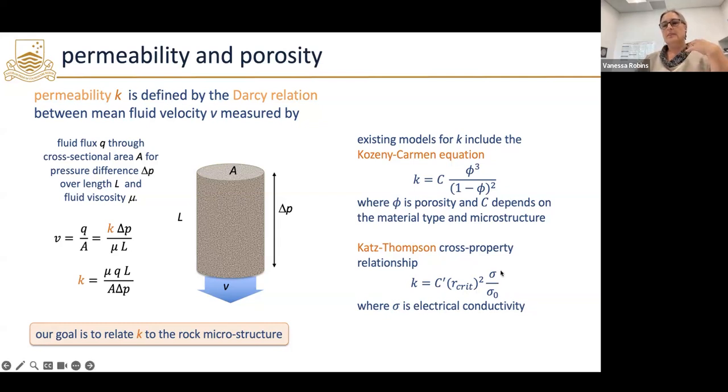You can measure the relative conductivity through the sample versus the conductivity of the pure liquid. And then permeability is found to obey this cross-property relationship, where C prime is a predetermined constant and R crit is that percolating radius. Okay.